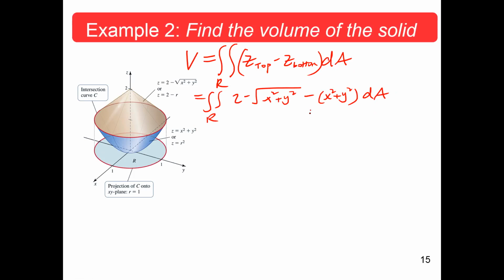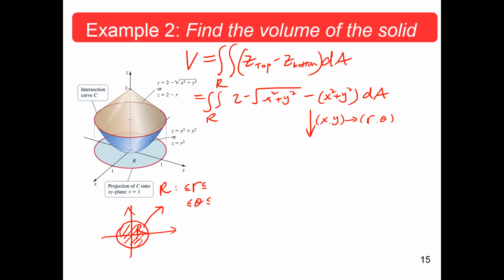And now we're going to go from xy coordinates to polar coordinates. The reason is the region R here can be expressed very easily by using polar coordinates, using the boundaries. Let's look at the radius and theta.